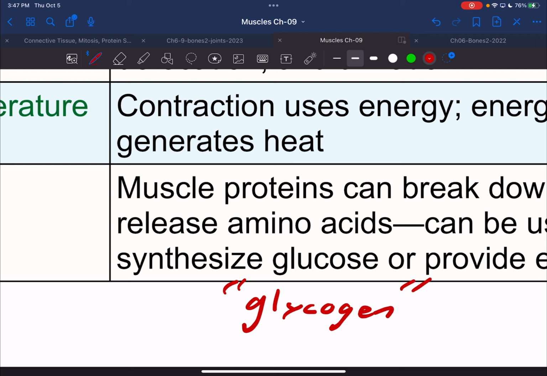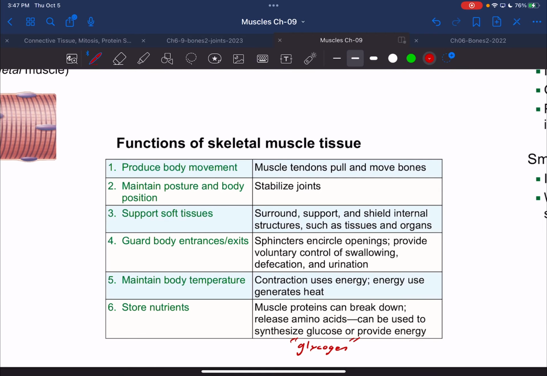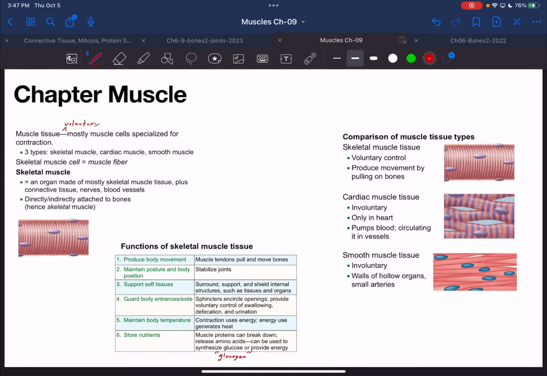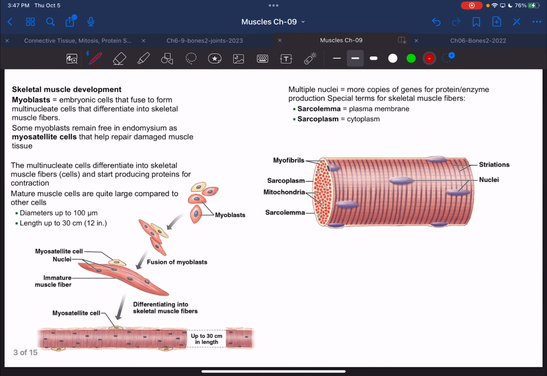Anybody remember what glycogen was? Sugar. They're the long branches of sugar. Glycogen. And so that sums up this page.